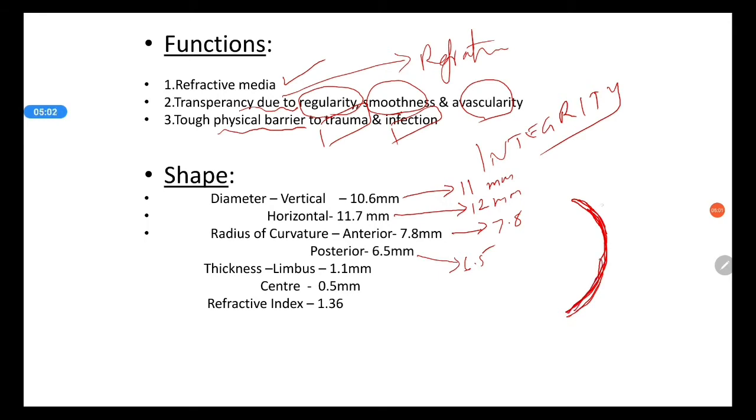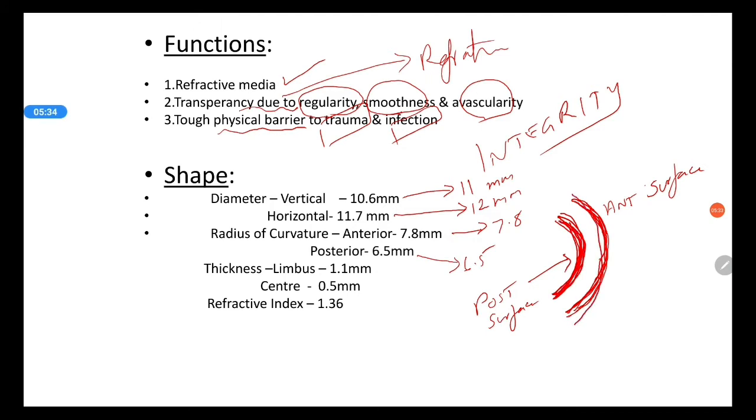It has an anterior surface. It has a posterior surface. So the anterior curvature is definitely flatter and the posterior curvature is smaller.